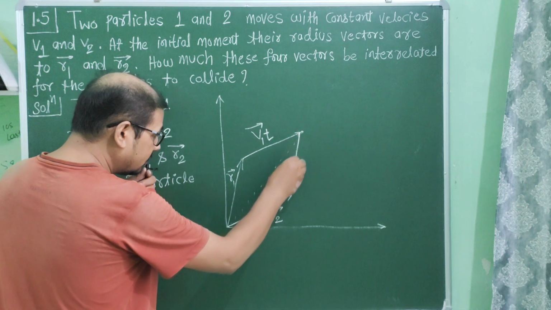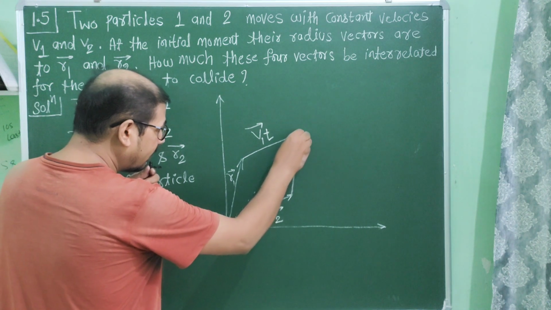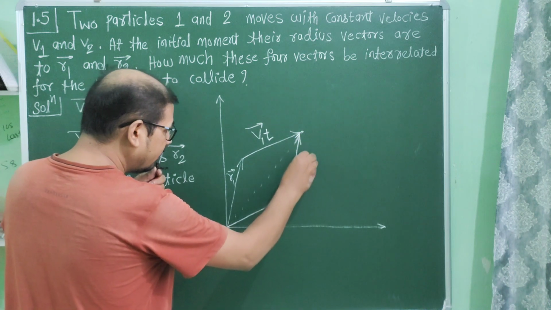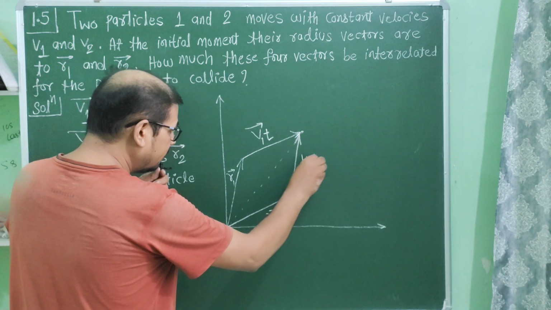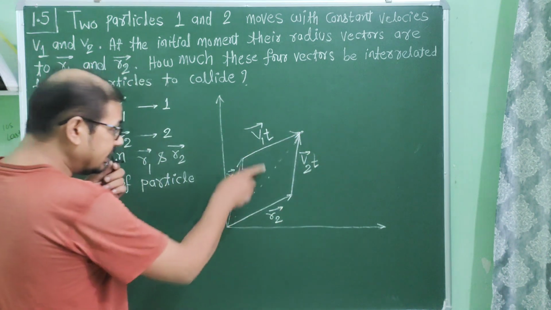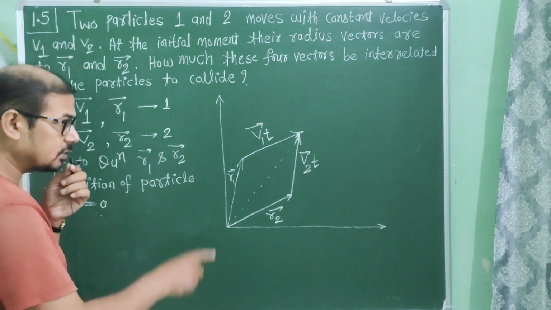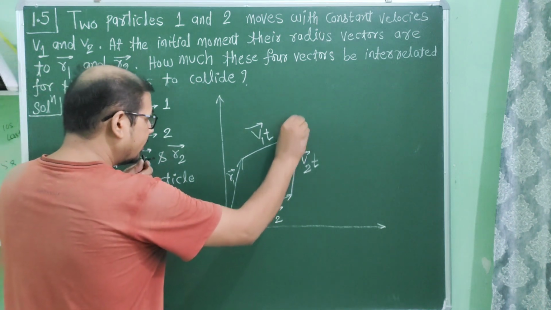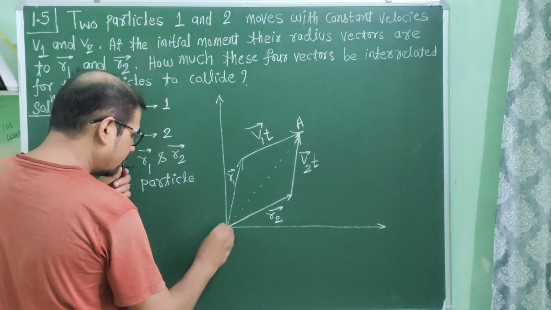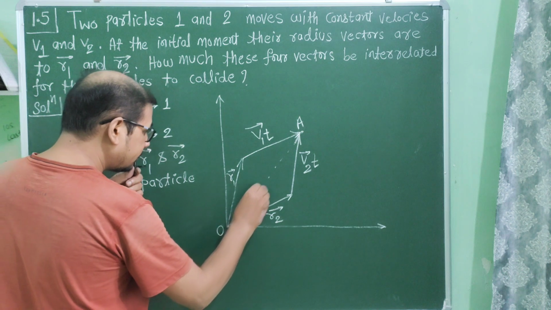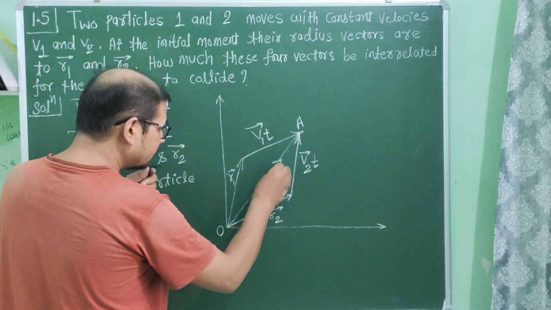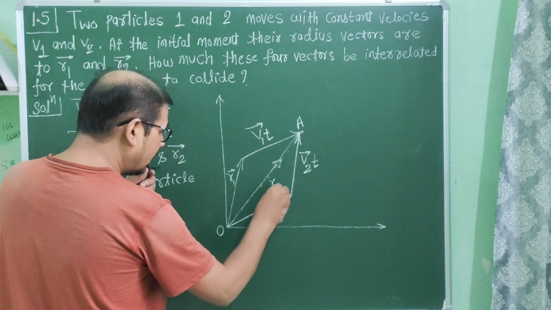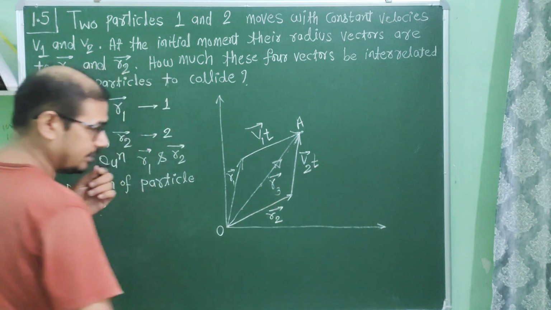Again, the second particle has position v2 vector into t. In t time, both particles collide at point A. Clear? This is the R3 vector. Consider R3 vector.